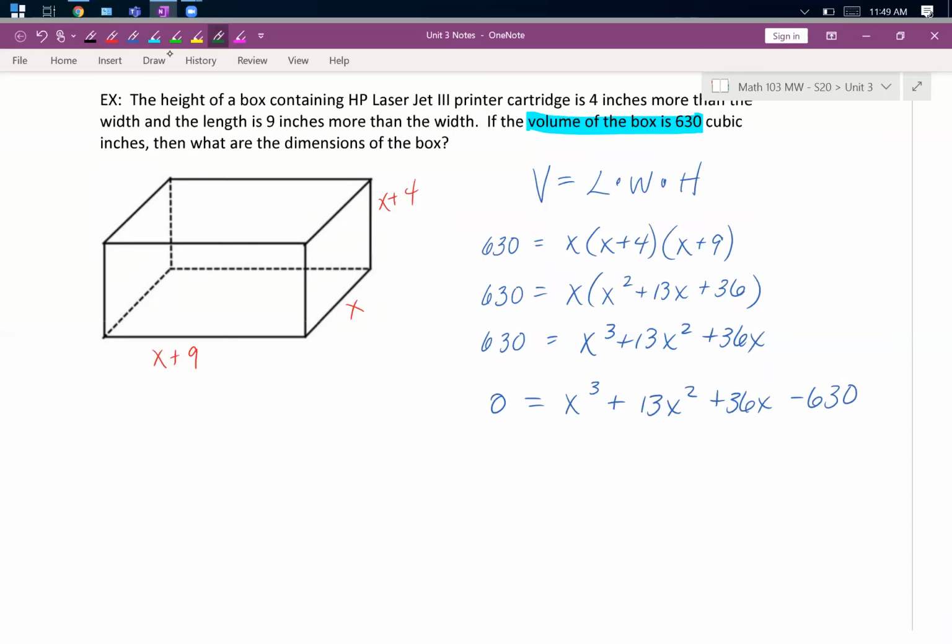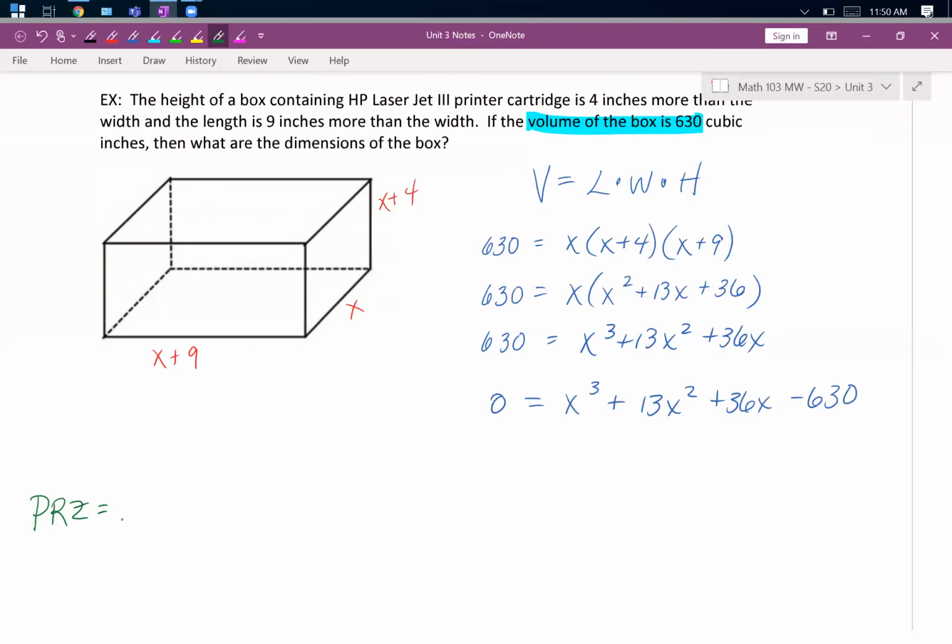Now, x represents the side of a box. When we're talking about possible rational zeros, what could you tell me about the side of this box? It won't be a negative number, right? So right away, I've already cut my list in half to just be the positive numbers. Secondly, this is a box with printer cartridges.